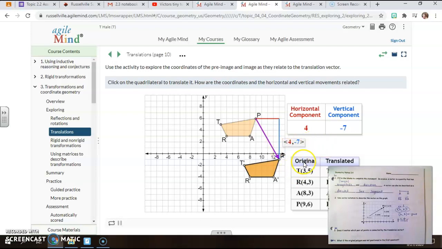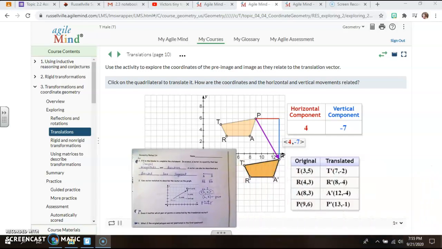Now notice these are the original coordinates of the points for PART. And these, let me move my notes over so you can see this, are the translated coordinates. We can look here in the coordinate plane to see what the coordinates are, but we can also use our vector to help us come up with these. So remember, this number in the x spot tells me whether I'm going left or right, and if it's positive, that means I'm going right.